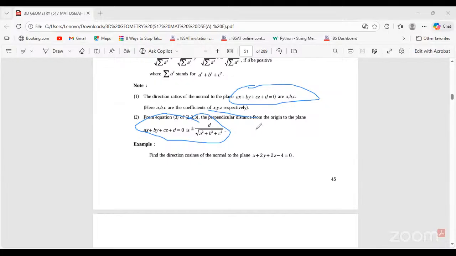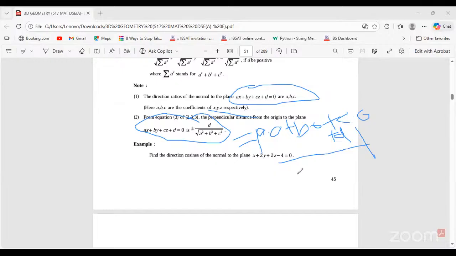The perpendicular distance from the origin to the plane is A into 0 plus B into 0 plus C into 0 minus D, so plus D, modulus of D by its denominator.